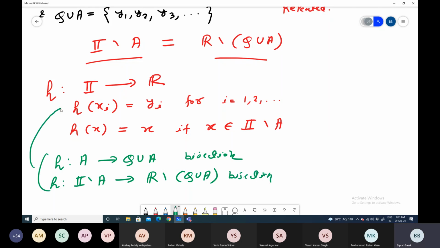And these two together give a bijection from I to R. Now is that clear to everyone?